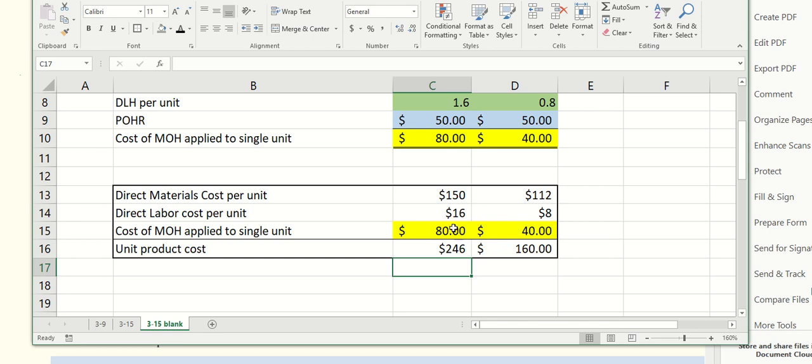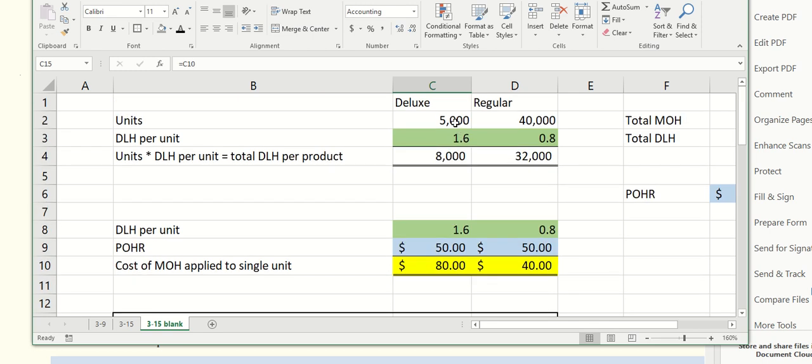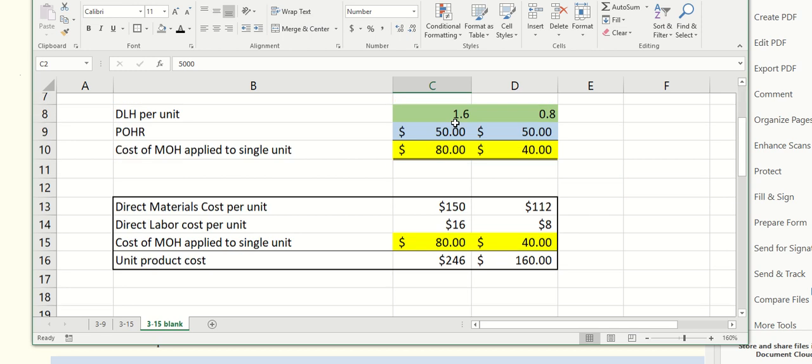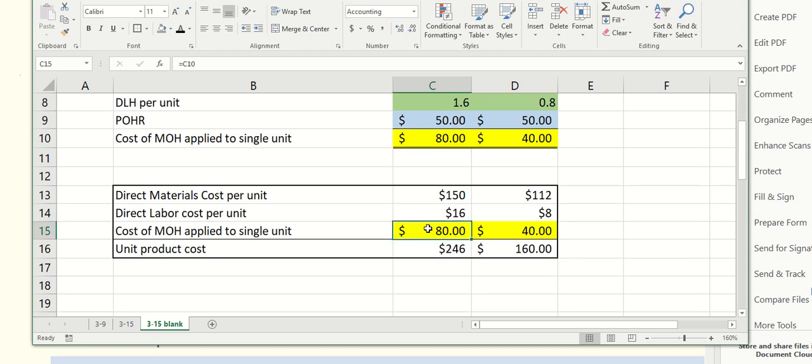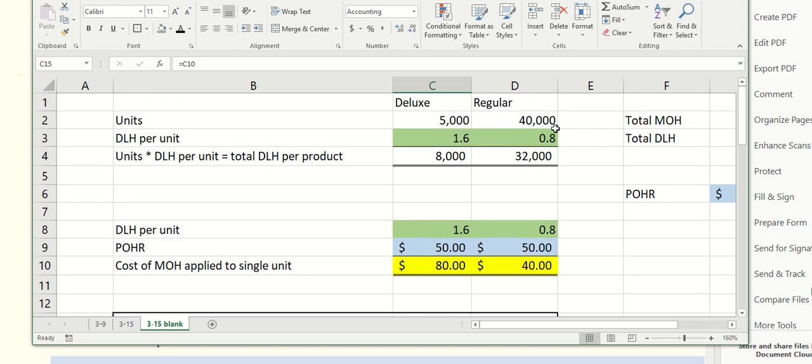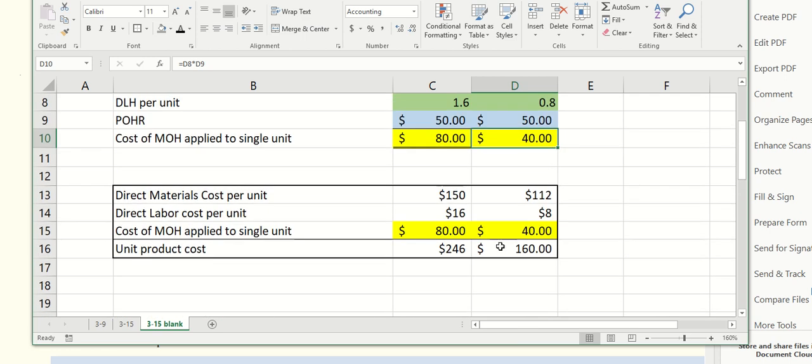So we can see that the deluxe units are costing a higher amount of overhead, and the regular units are costing half of the amount. Maybe our costs are fine, maybe they're not fine.